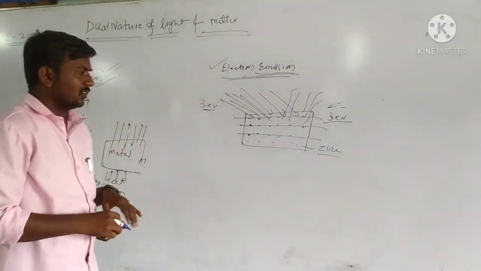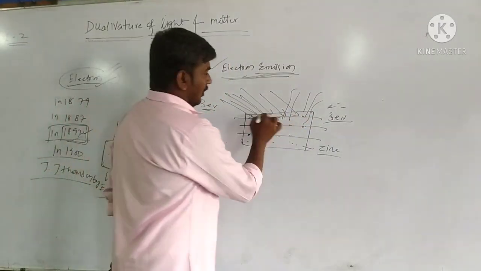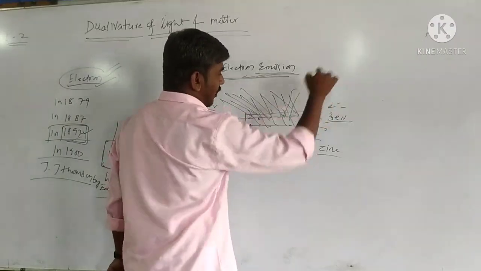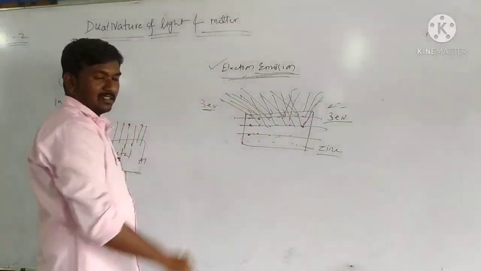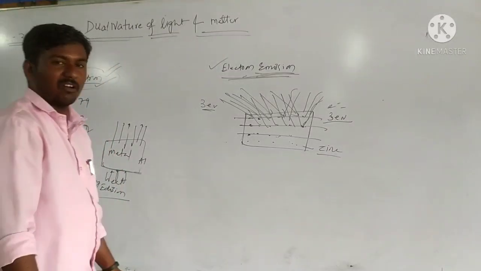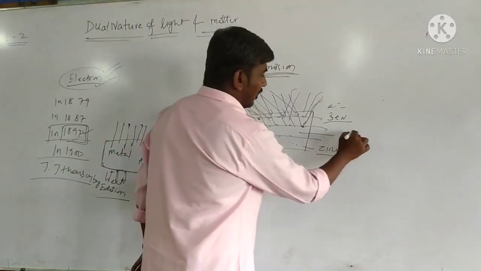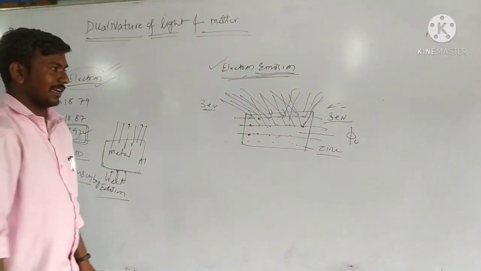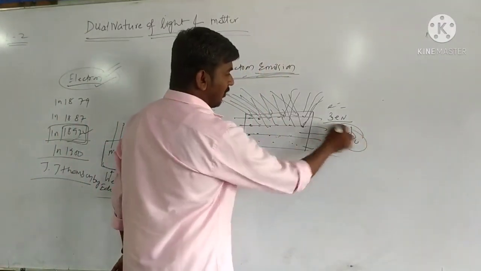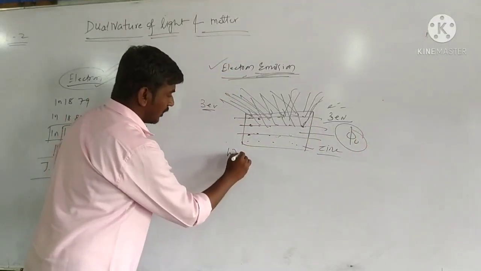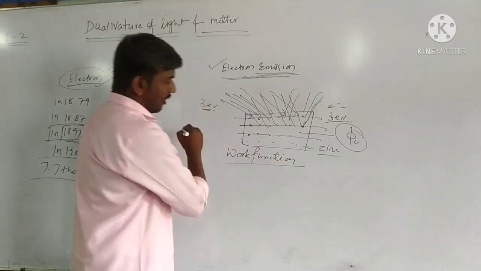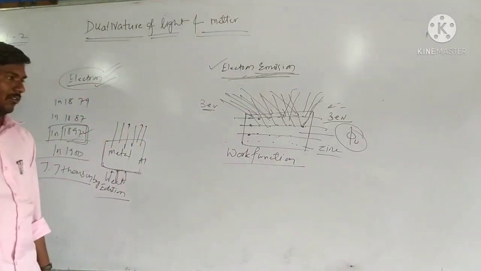Okay, so this amount of energy which is required to get outside, that is the minimum amount of energy, is called work function. उसको क्या बोलते हैं हम work function is denoted by phi naught. That is called work function of the metal.